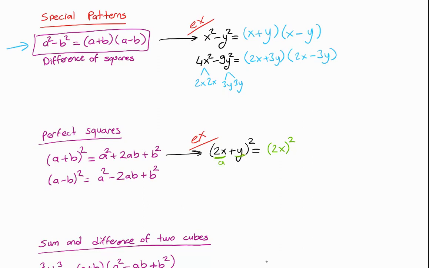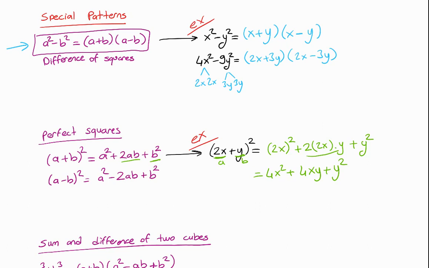I will think of this as a and this as b. And then plus 2ab in the formula. So my a is 2x and my b is y, plus b squared. So what is my b? My b is y squared. When I simplify this, I will get 4x squared plus 4xy plus y squared.